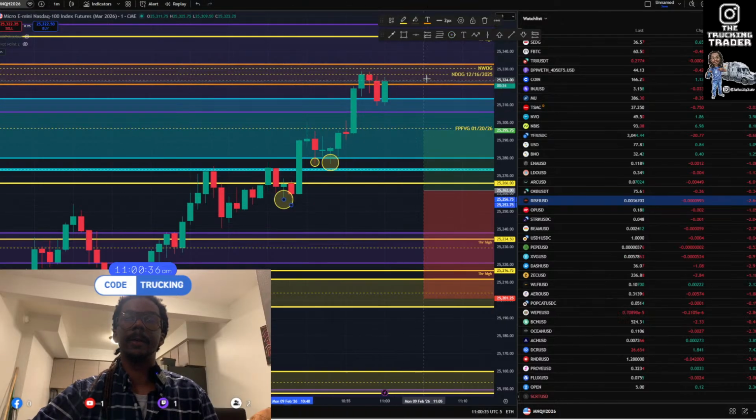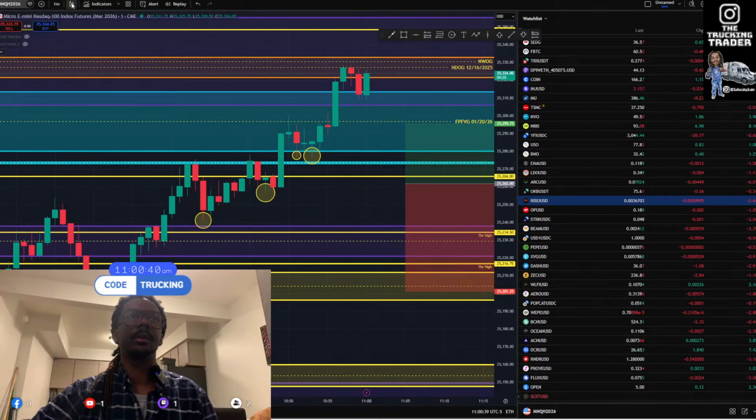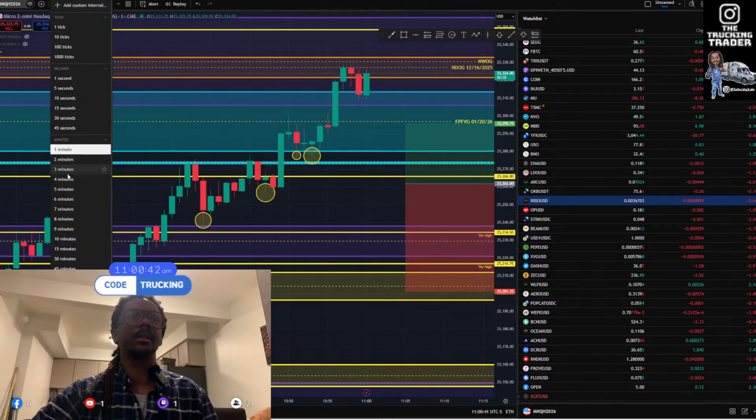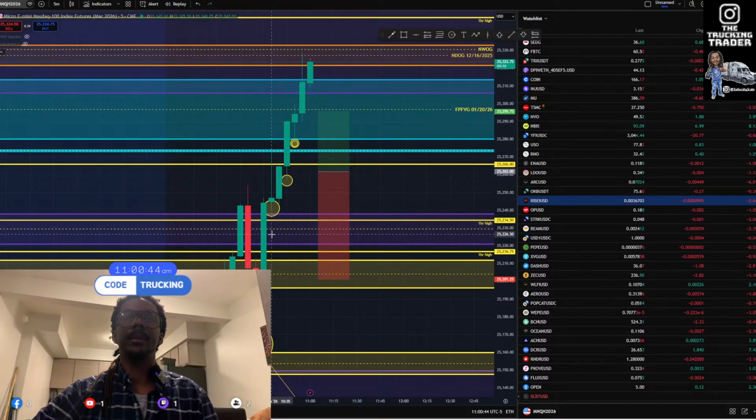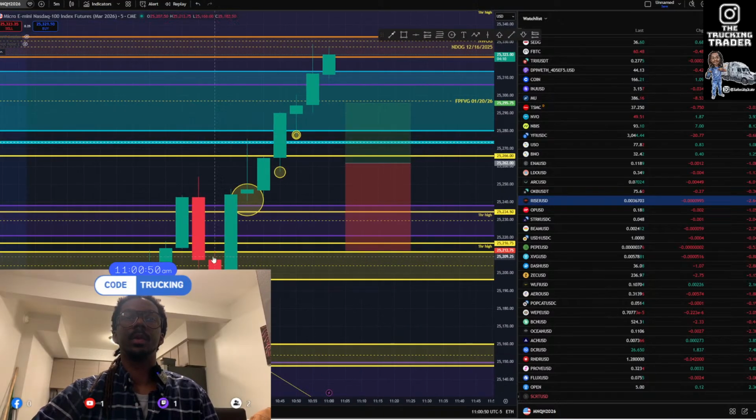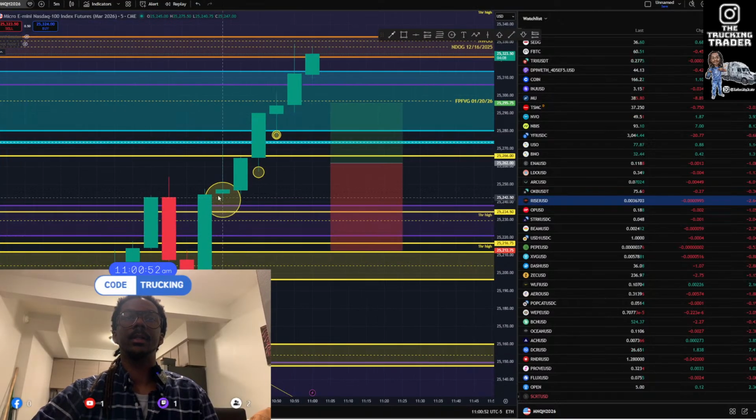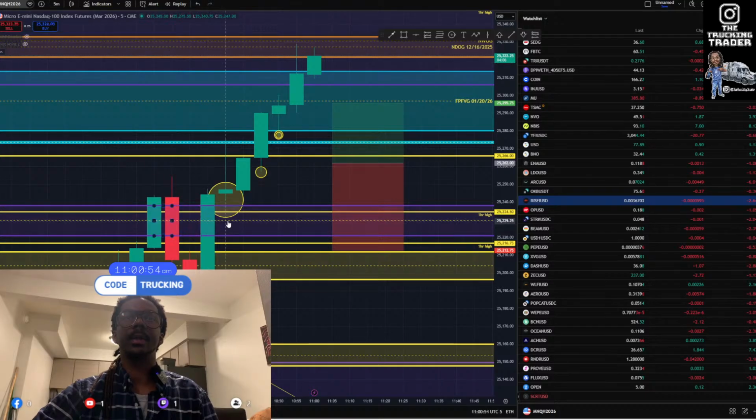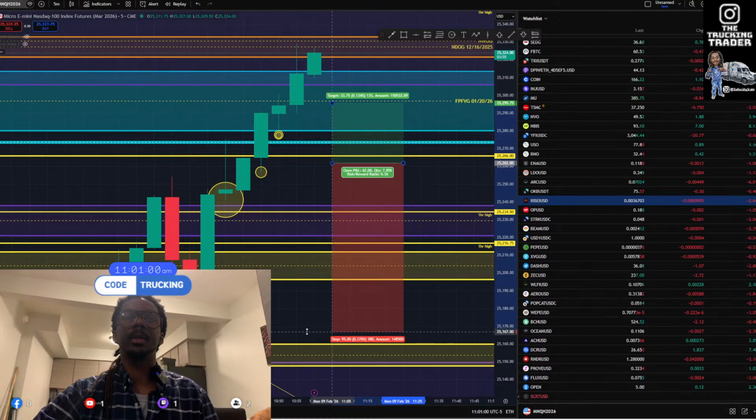We don't know how much liquidity we're going to take, but on a 5 minute, what we do know is that we want our stop loss to at least be right here at the bottom of this gap, right? Because this is going to act as a breakaway gap. So we want our stop loss to at the very least be at the bottom. If we're going to go real safe, then it will have to be all the way down here with these 2 order blocks.